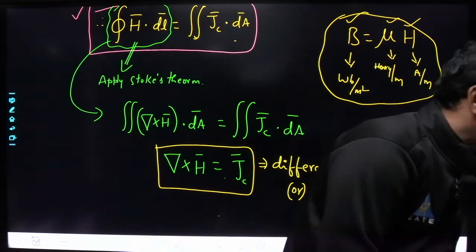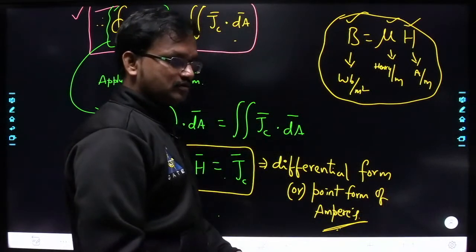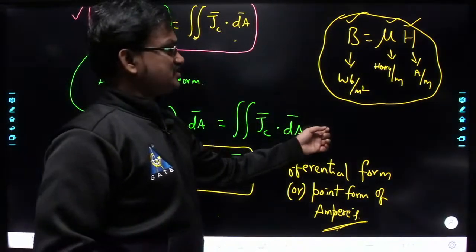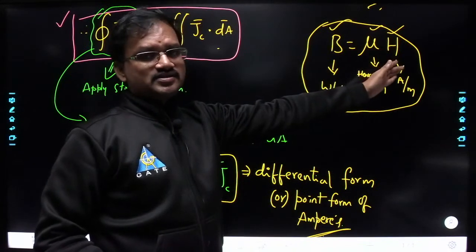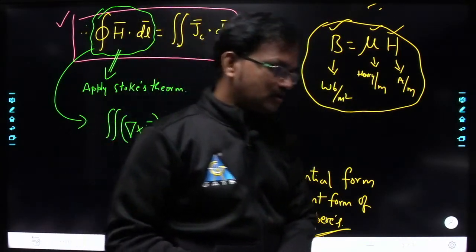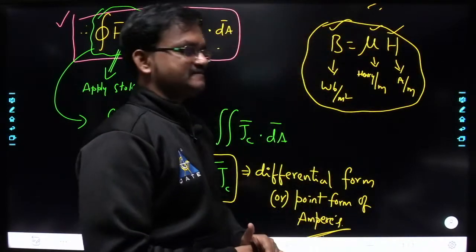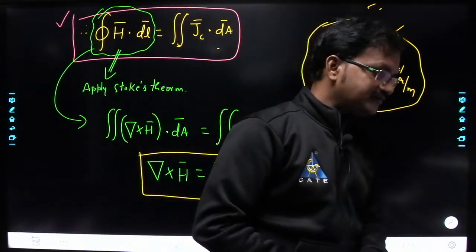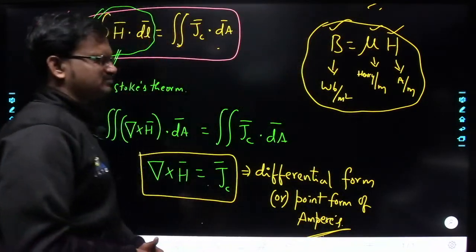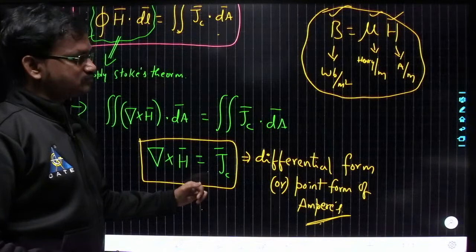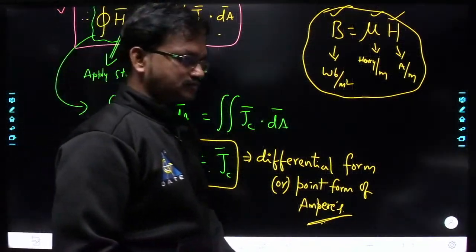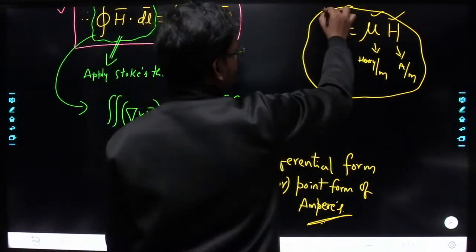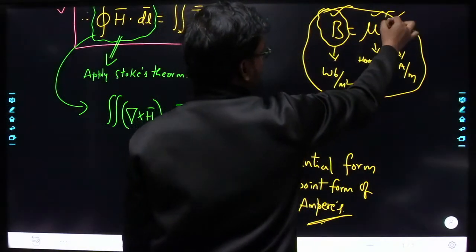Parasmoon, what are you asking here? Have you thought B equal to mu H? B equal to mu H. This is the relation between magnetic flux density and magnetic field intensity.